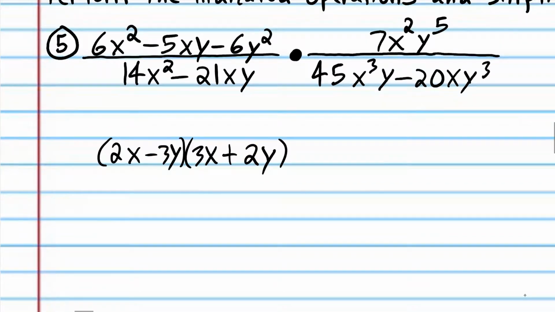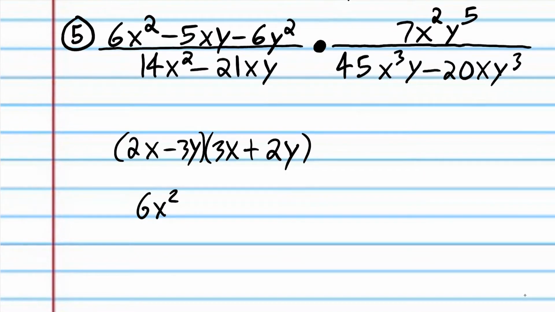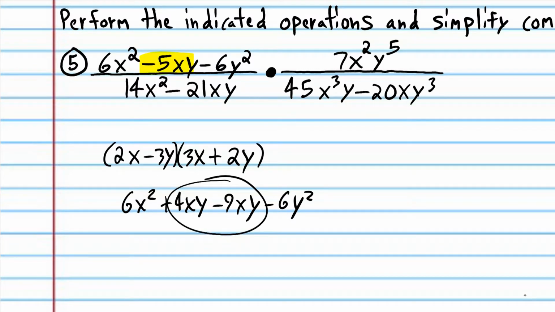So now let's try FOIL again. F: 2x times 3x is 6x squared. O is 4xy. I is 9xy. And L is negative 6y squared. So now if we add up the inner terms, we get negative 5xy, which is exactly what we're looking for. So we know that that's now the correct factorization.